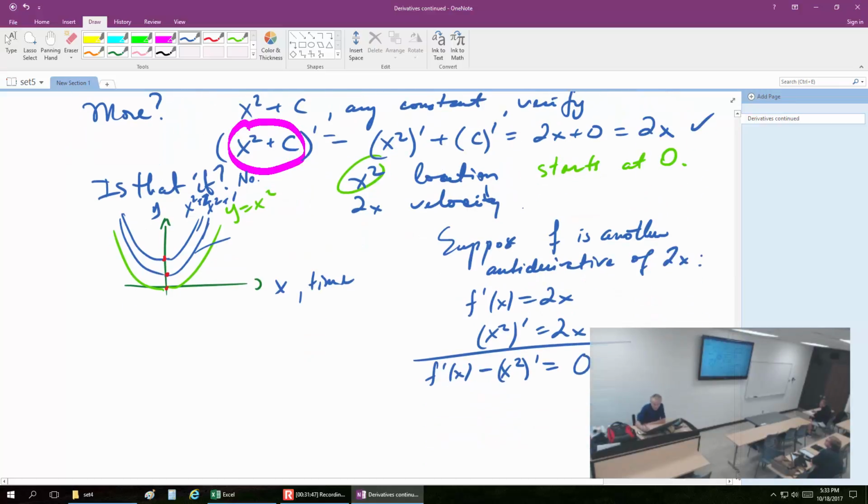On the right I have 0, that's it. What do I do on the left? The difference of two derivatives. What can we do with them? Remember the algebra of derivatives?